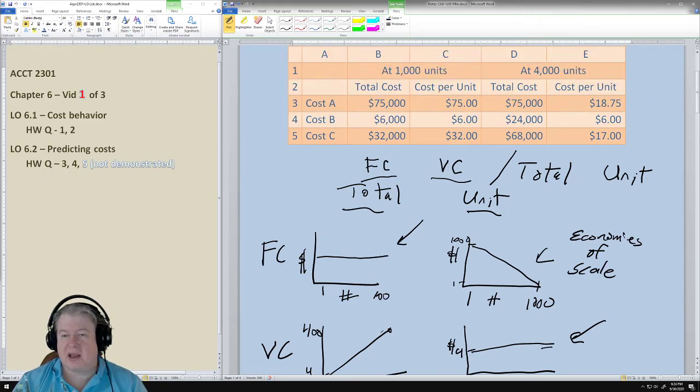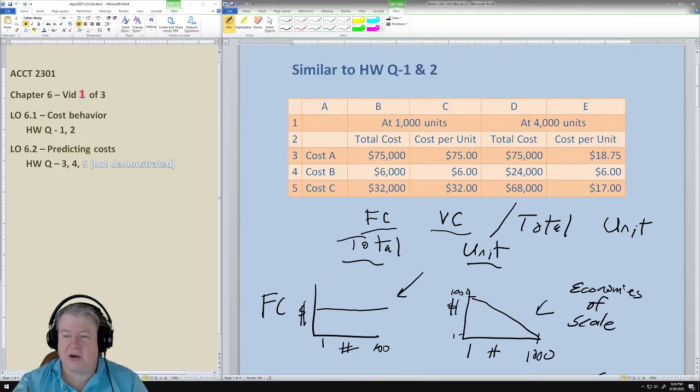So if we were to look at this set of equations here, we would say, well, if we had to guess, what is this? Well, if you notice, which costs are the same? The total costs are the same, right? So the total costs are the same no matter what. Well, this is a fixed cost. And you notice that the costs go down with the amount of units. Well, here on cost B, we see that the cost per unit stays the same no matter how many units.